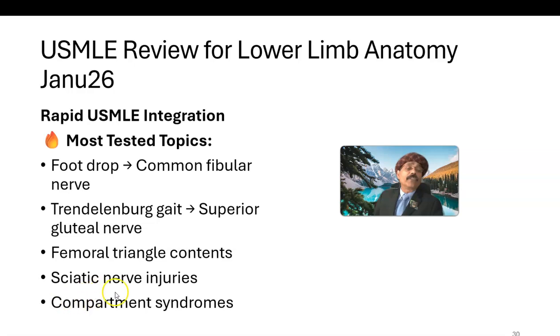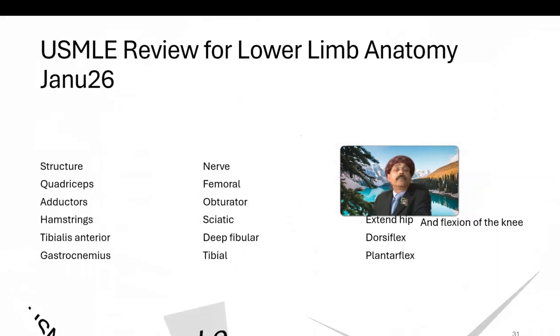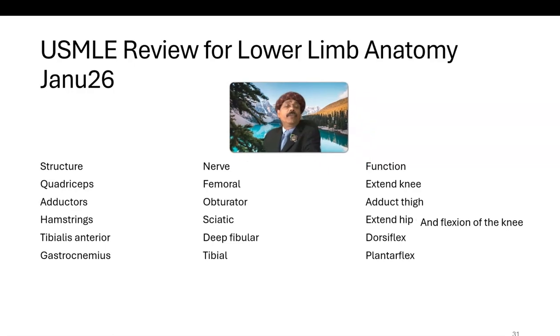Sciatic nerve injury depends on where the injury is, which branches are affected, and what type of injury. A person will have a hard time flexing the knee and also flexing the ankle joint. Let's summarize a little bit.